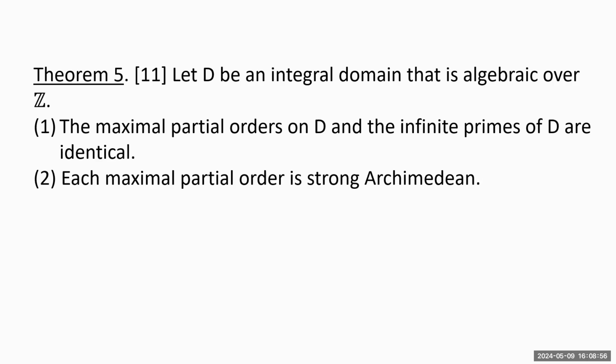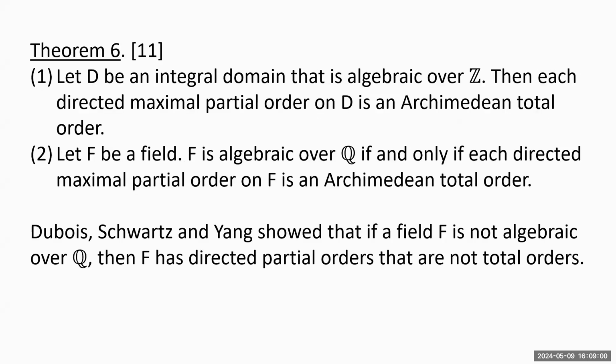By using this result, we can prove the following result. This is a very important theorem. Let D be a universal domain that is algebraic over Z. Each directed maximum partial order on D must be a total order, an Archimedean total order.